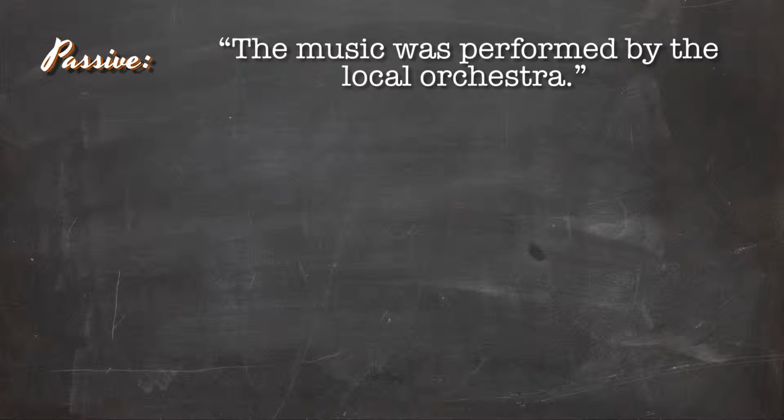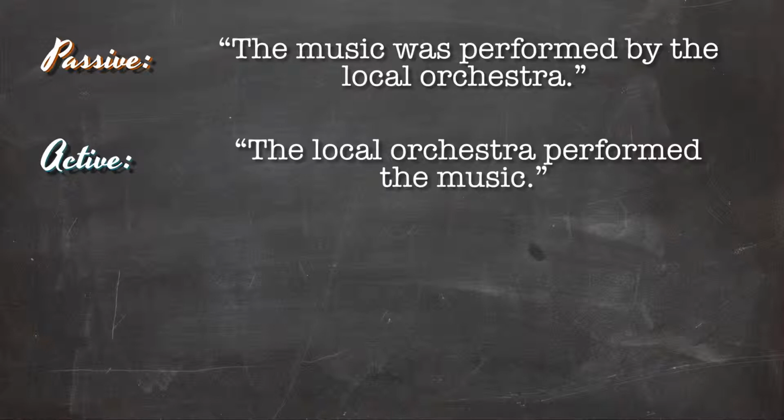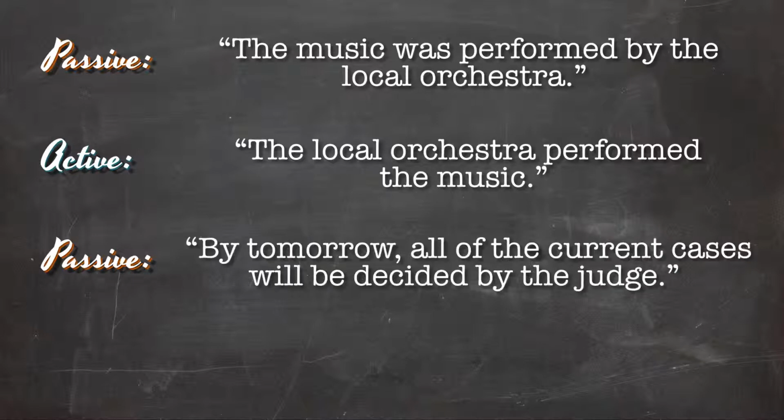Here are some examples. Passive. The music was performed by the local orchestra. Active. The local orchestra performed the music. Passive. By tomorrow, all of the current cases will be decided by the judge. Active.